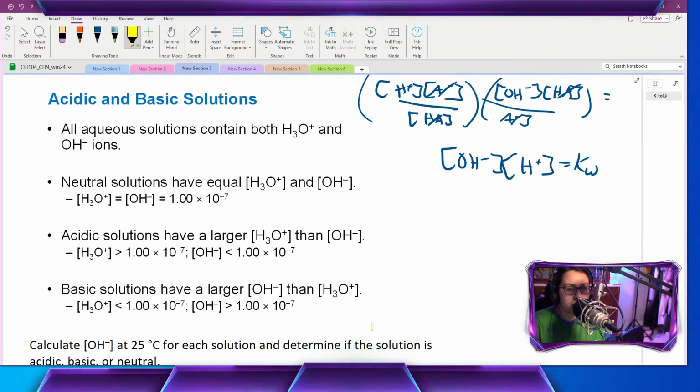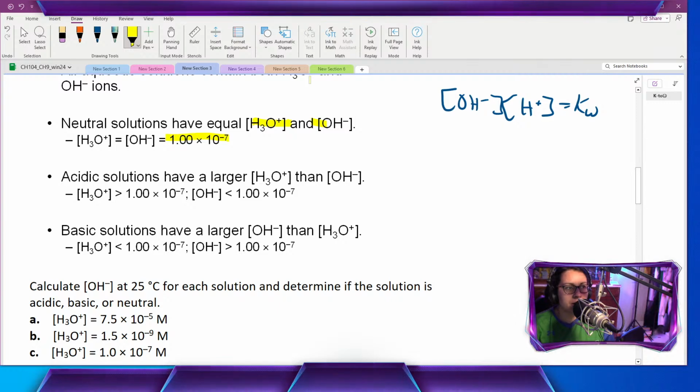Now we can say that all solutions contain hydronium and hydroxide ions. Neutral solutions have equal amounts, so we're starting to get into a pH of 7. Acidic solutions have a larger hydronium than hydroxide concentration. That means our hydronium concentration has to be greater than 1 times 10 to the negative 7th, and, of course, the hydroxide would have to go down appropriately.